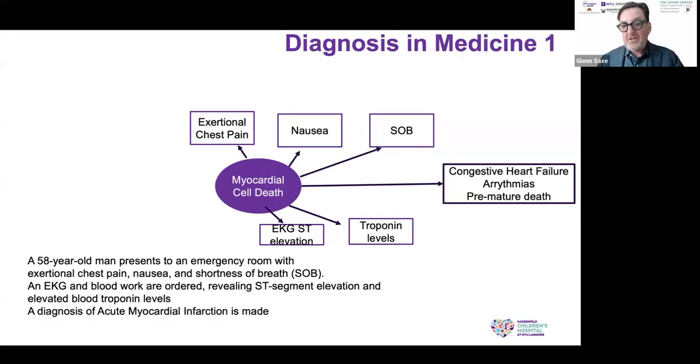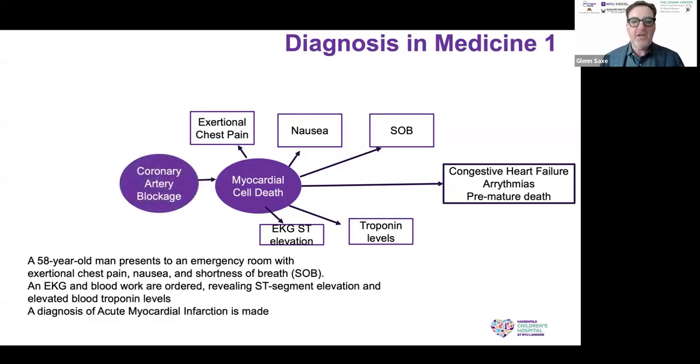If you intervened on shortness of breath, you know, it's not going to help, unless sometimes getting more oxygen does, or nausea, or the EKG, all of this isn't going to help you.